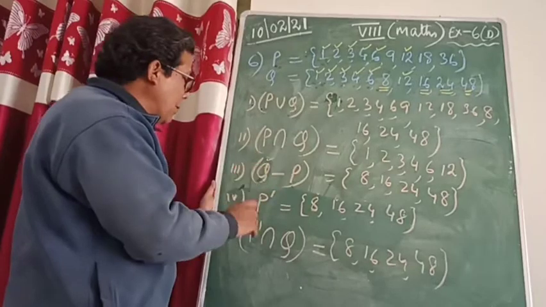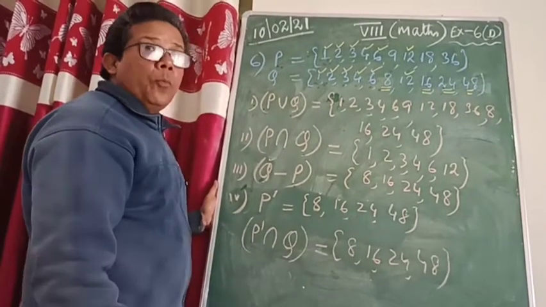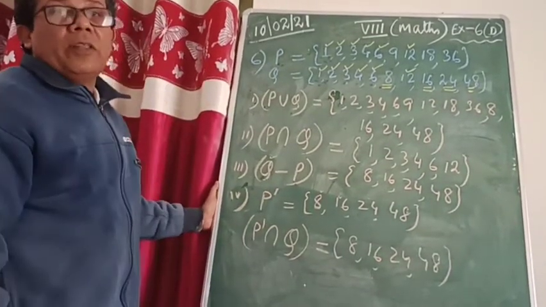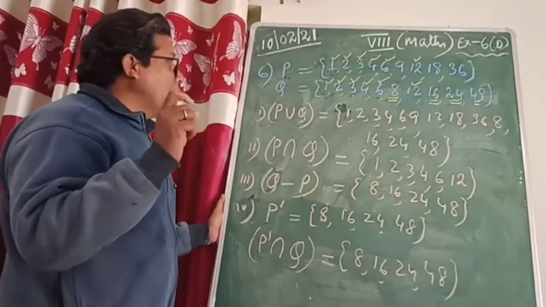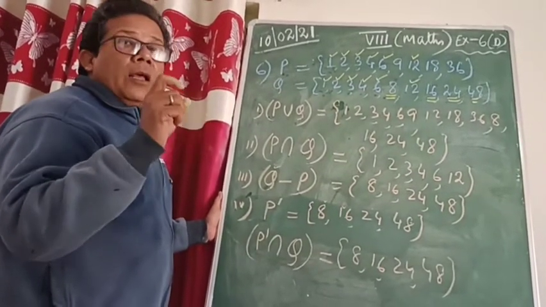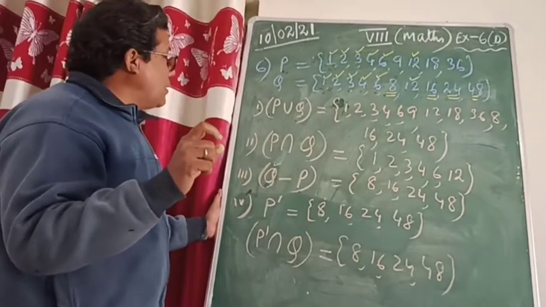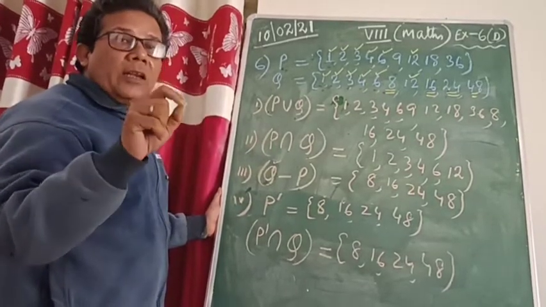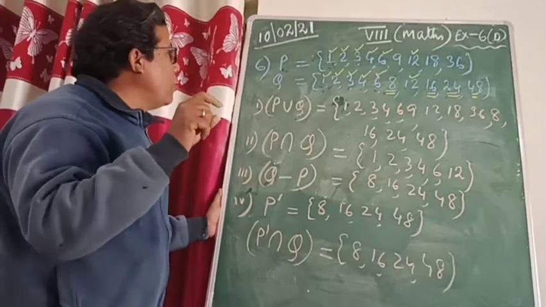Next, a question is given with P complement intersection Q. P complement: whenever any complement is given, this complement means you always have to see whichever set's complement you want to find out, except its elements, what elements are present in the universal set or in the union of the sets.